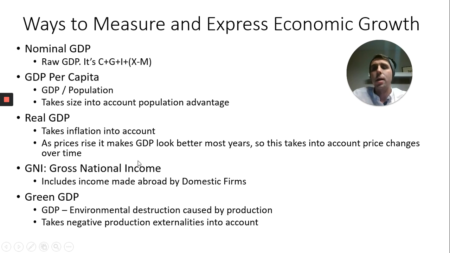I can look at my GNI, which is my gross national income. This doesn't care about your domestic home, it cares about your nationality. Domestic product cares about what's inside your domestic home, whereas gross national includes your nationality. So someone might have a company that is in Italy.